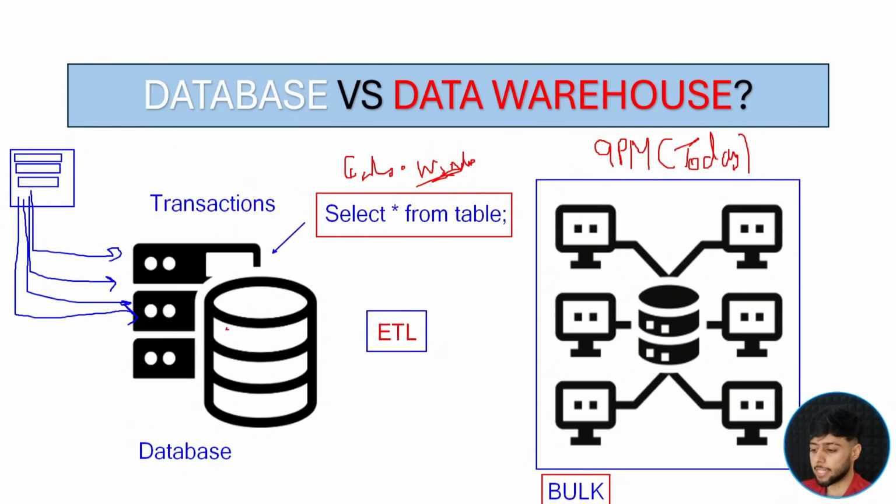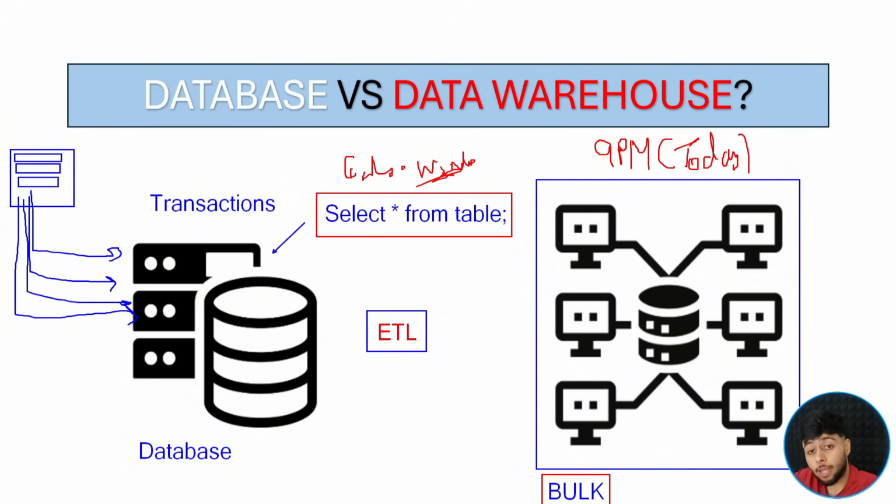Next day this database received, let's say, 1,000 more records. Okay, now our data warehouse will say, hey bro, what's up? Database will say, hey, nothing much, you say. So this time data warehouse will say, bro, just give me the data after 9 p.m. till now.